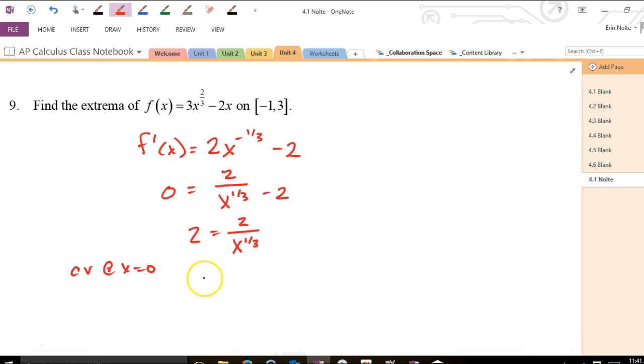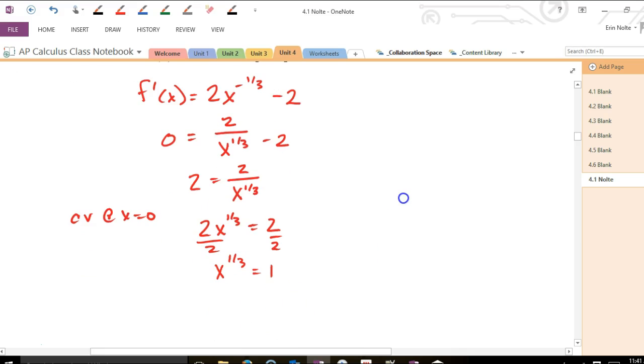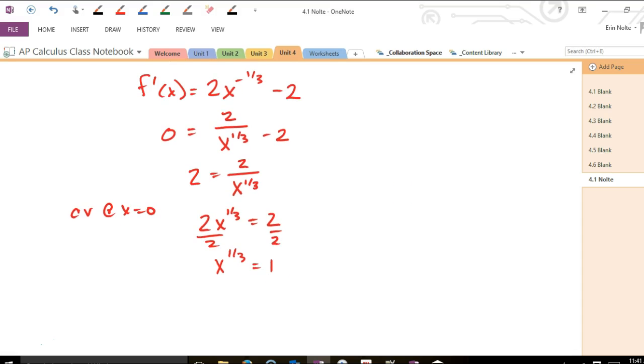Multiply the x to the 1/3 out, so 2x to the 1/3 is equal to 2. Then what? Divide by 2. So x to the 1/3 is equal to 1. So then how do you get rid of the 1/3? Cube it. And so what's 1 cubed? 1. Okay, so I have one critical value at 1, so that's going to be a maximum or a minimum.